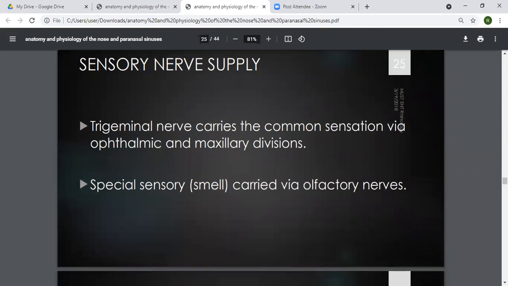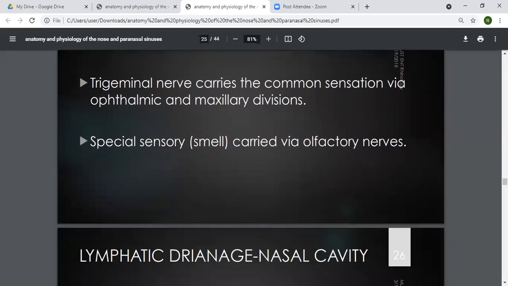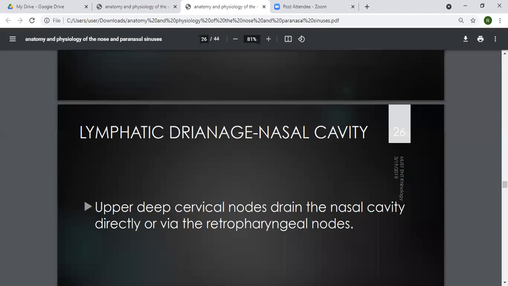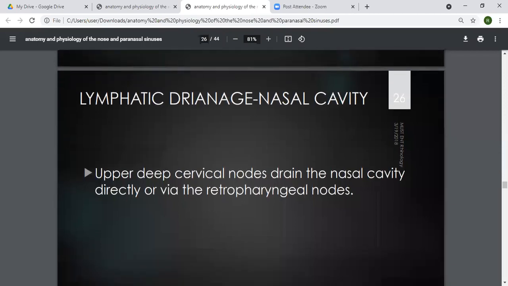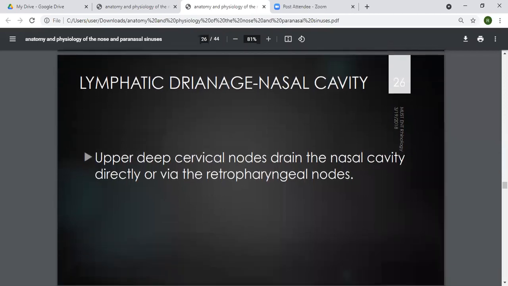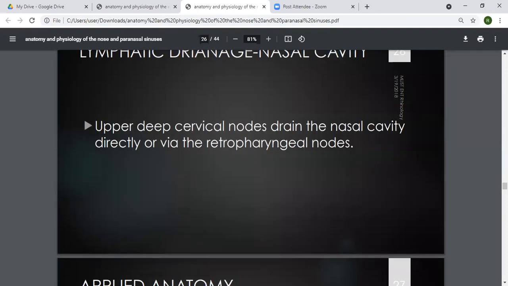The smell is in the roof of the nasal cavity. The lymphatic drainage is by the upper deep cervical nodes that drain the nasal cavity. This could be directly, or it could be via the retropharyngeal nodes.